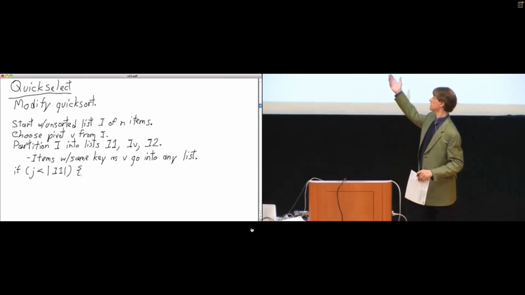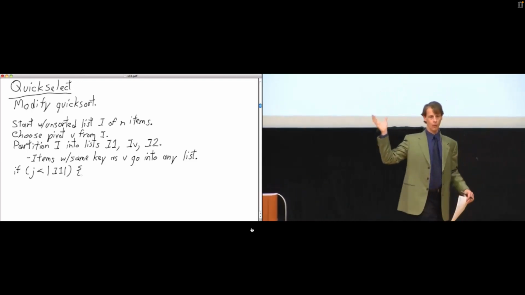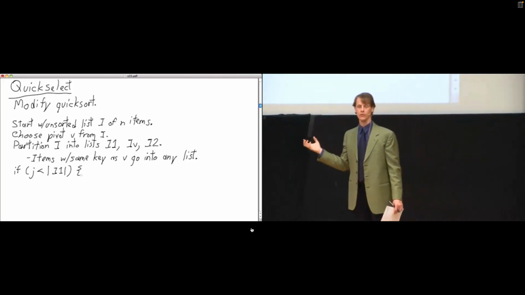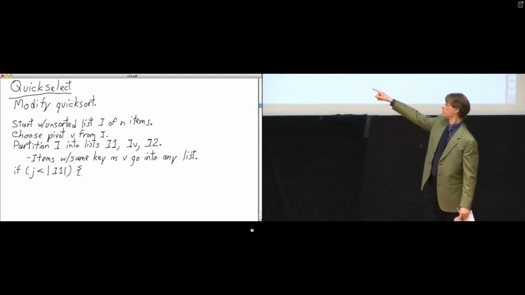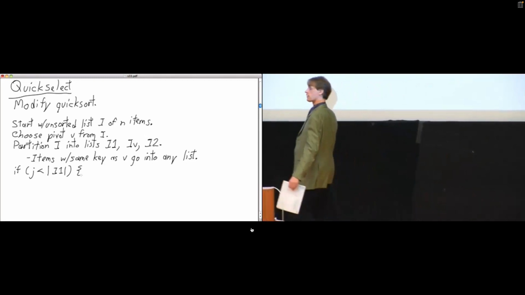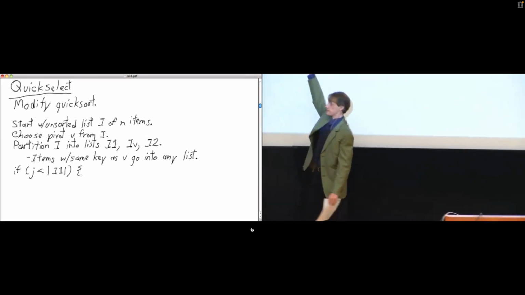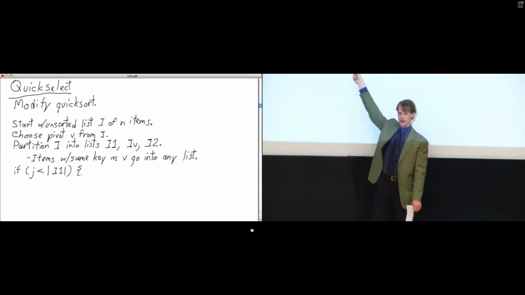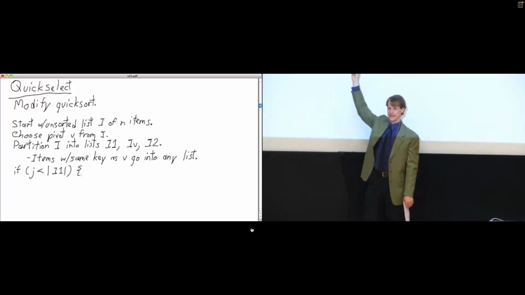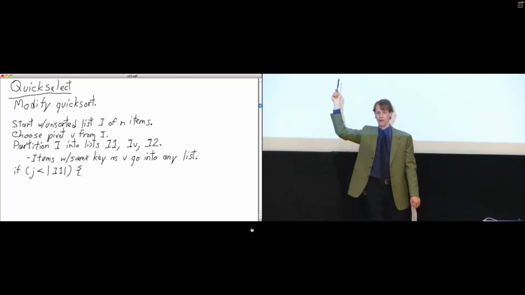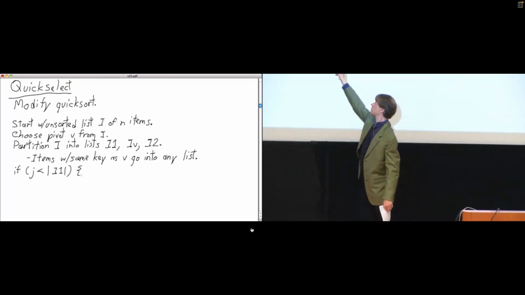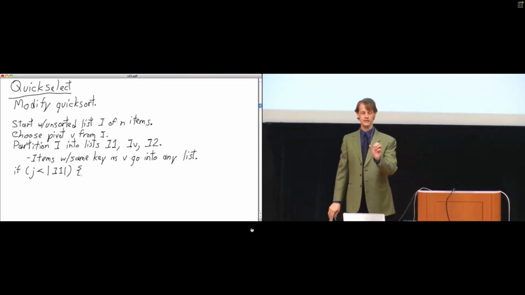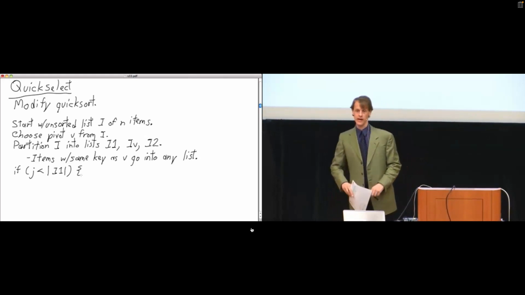So what we do is we have these 3 lists. We figure out which of the 3 lists contains the index that we're looking for. So the first thing is to figure out if it's in the first list. The first list is called I1. This notation here means the cardinality of I1, the number of keys in that set I1. If index j is less than the number of keys in that set, then we know that that set is where we'll find the item with index j.